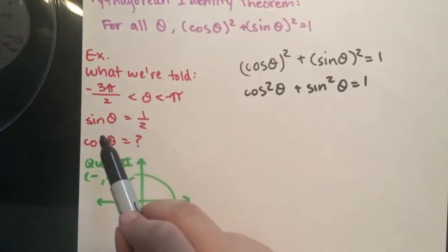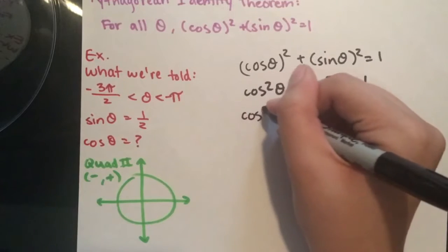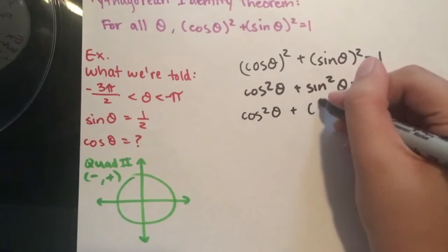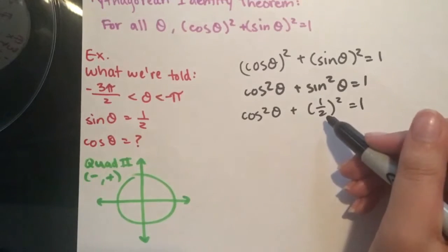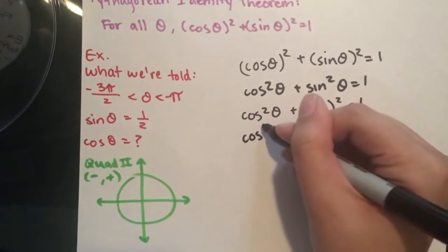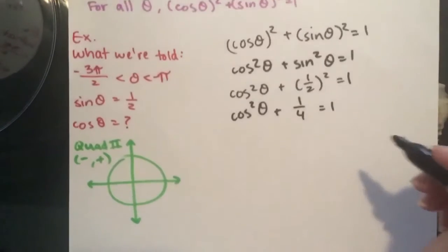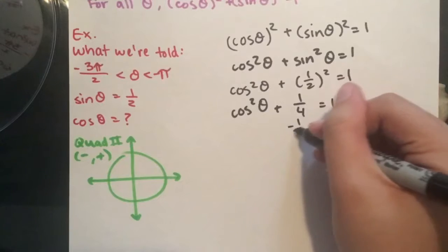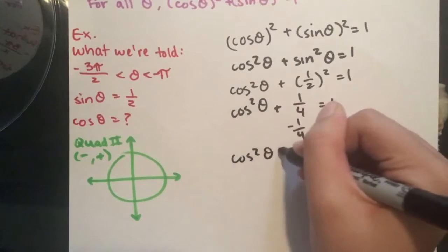And we know the value for sine theta is 1/2, so we'd substitute that in. And we know that 1/2 squared is 1/4, so now we have cosine squared theta plus 1/4 is equal to 1. And then we'd subtract 1/4 from each side to get 3/4.